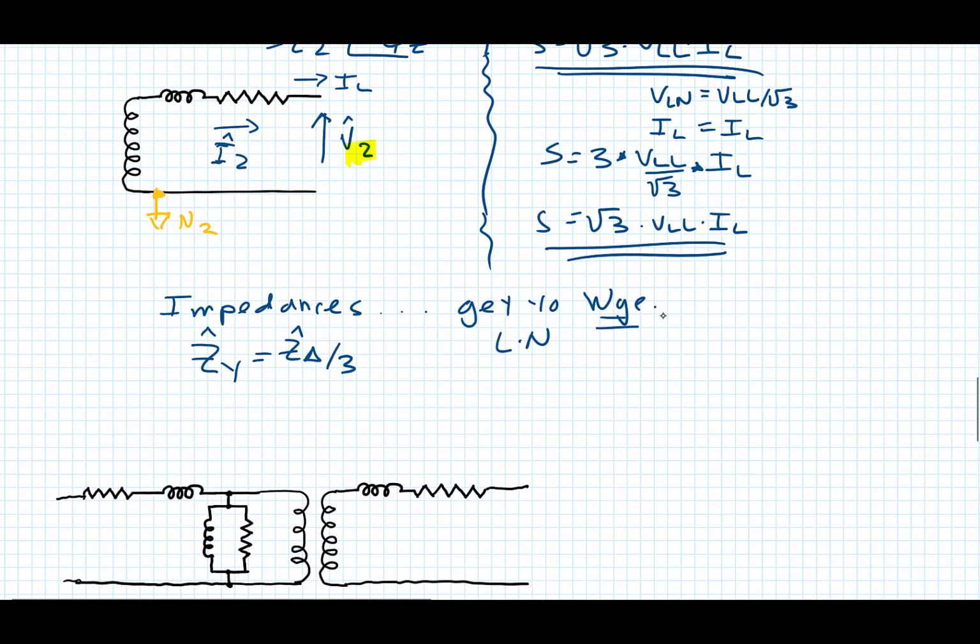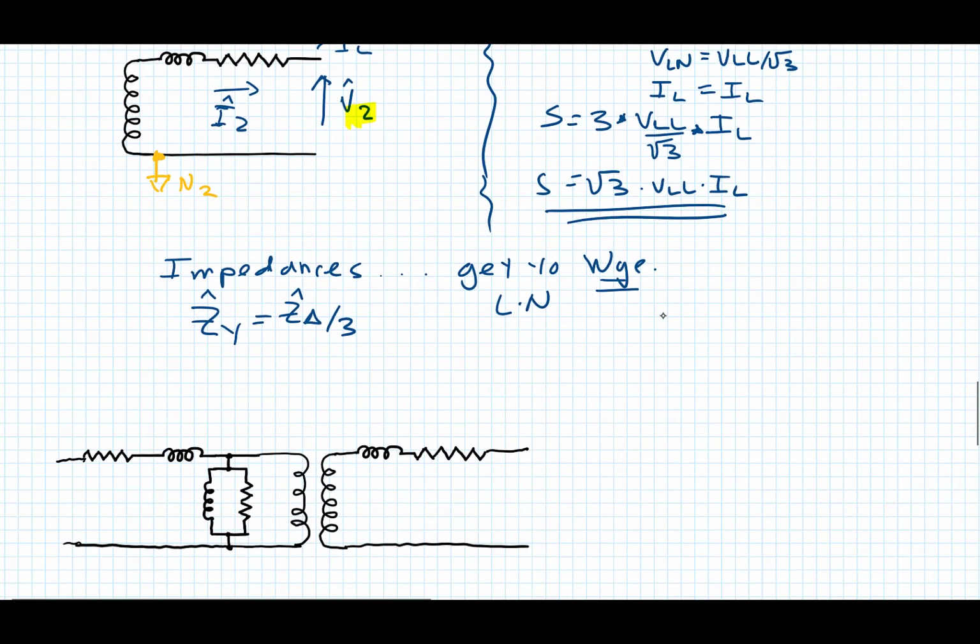So if I had given all of these parameters before, this is going to be our equivalent circuit here. I've got R1, jXL1 here, jXM, RC. On the other side, we were given jXL2, but now because we had to transform it into a Y circuit, we have to divide it by 3.